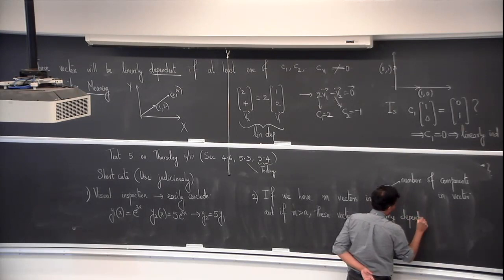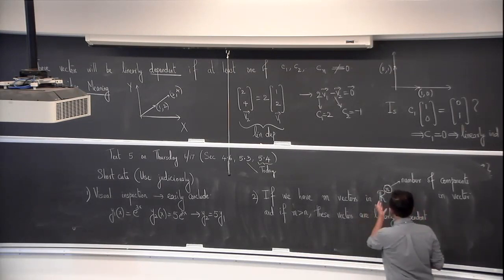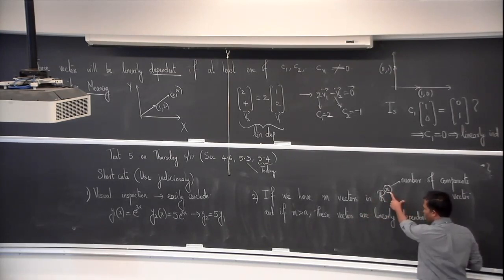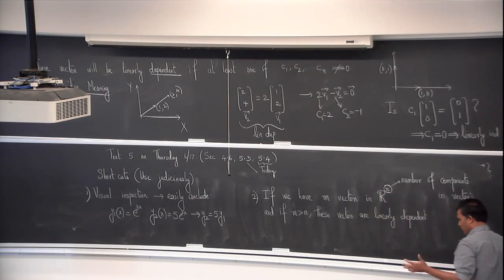How do we know that? Well, the reason is that we only need n number of vectors in Rn. Any more than that is just an unnecessary waste of vectors. We are just going to create a relationship where things are just going to depend on each other.